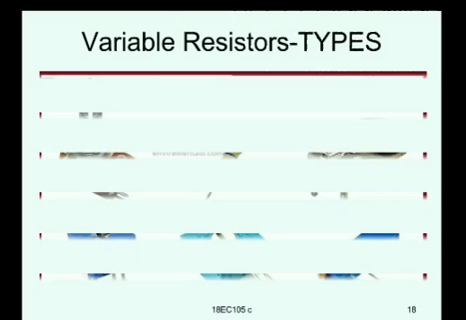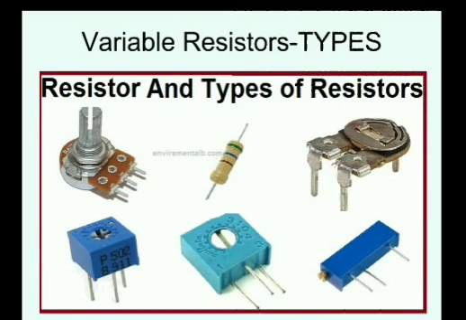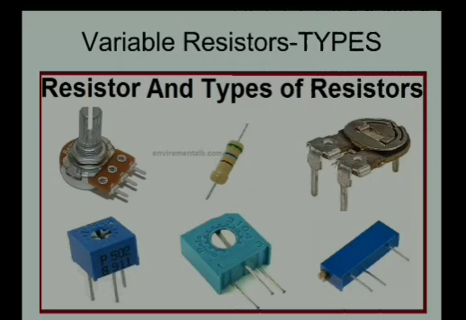So let us see some more types of variable resistors. As you can see, the middle one the red arrow is showing is a normal resistor which we have seen, and then you have a standard resistor or pot. Then the black arrow is showing you a preset, which is an open model that can be fitted into a circuit, normally used in some applications.